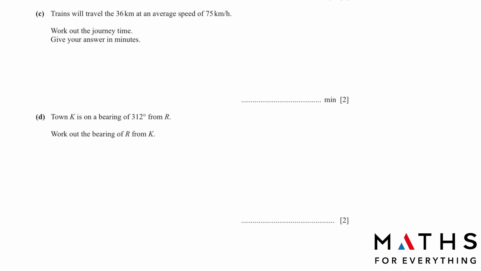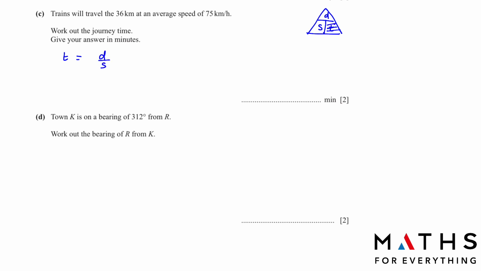Next part, trains will travel the 36 kilometer at an average speed of 75 kilometer per hour. Work out the journey time, give your answer in minutes. I hope you know the triangle, distance, speed, time. We want to find the time, so time is equal to distance over speed.